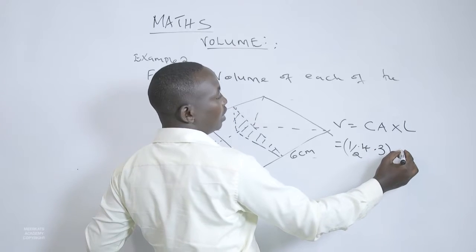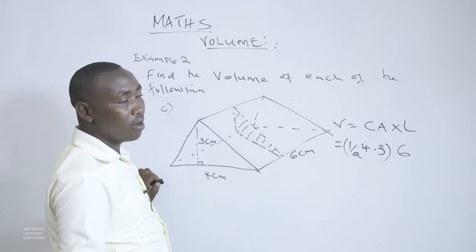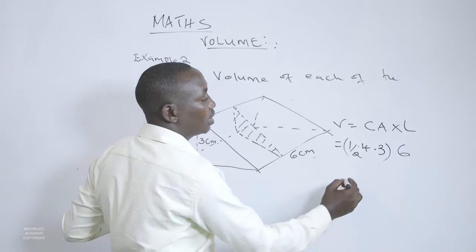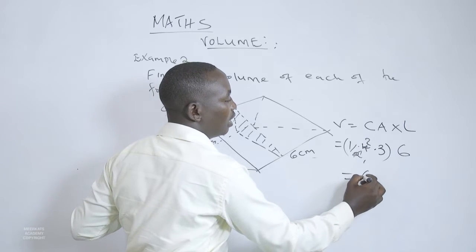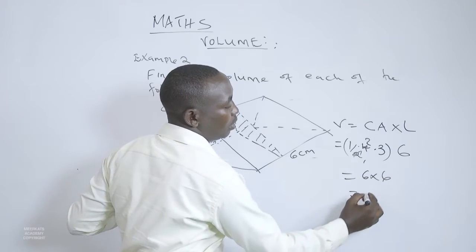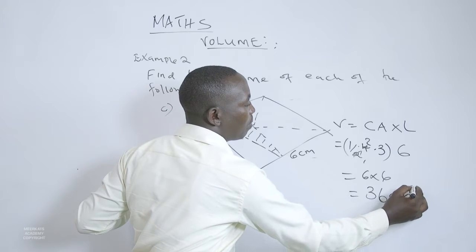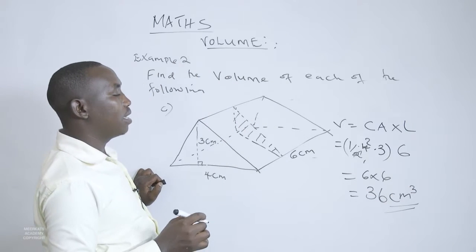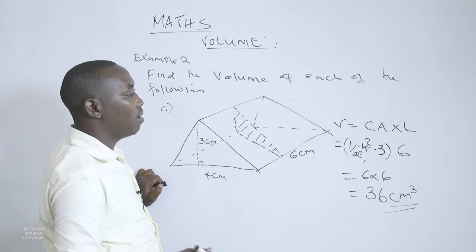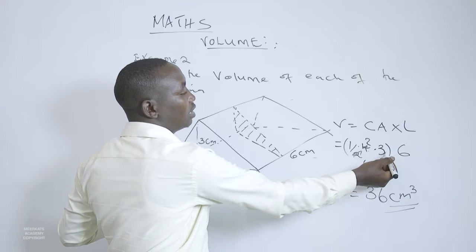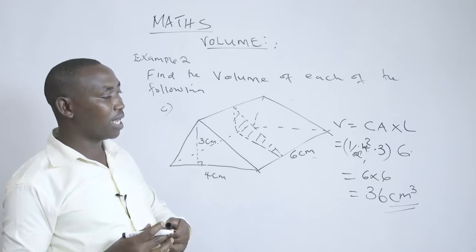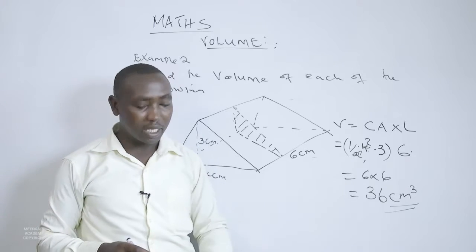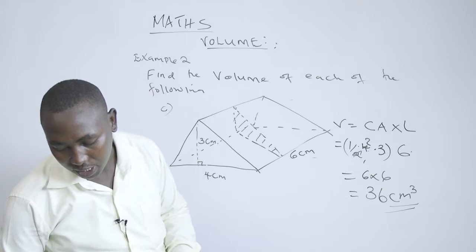Then the whole of it is multiplied by the length of that figure, which is 6 units. This gives us 6 multiplied by 6, which is 36 cubic centimeters. Because all the measurements were in centimeters, it results in 36 cubic centimeters.